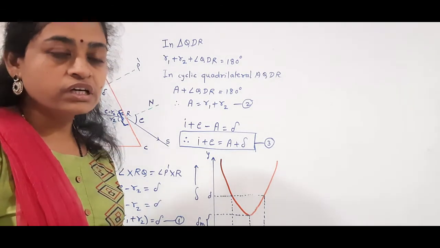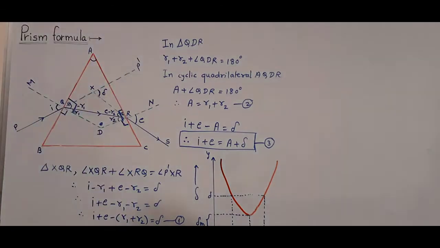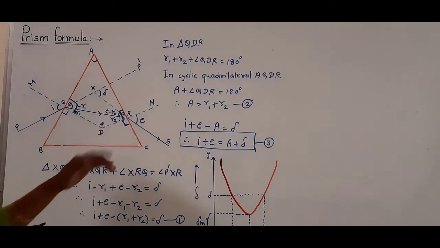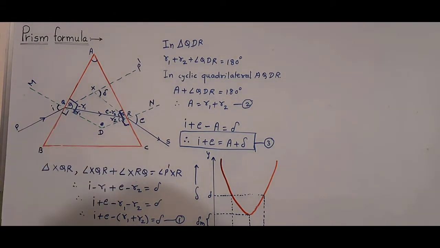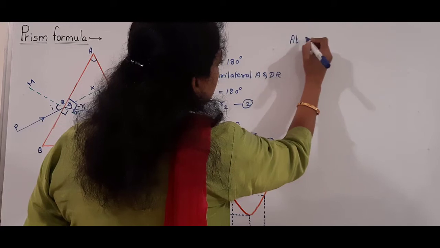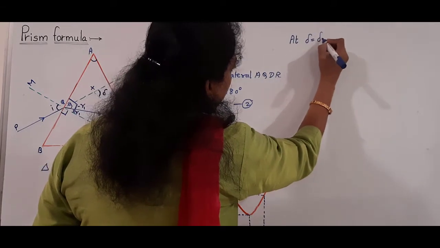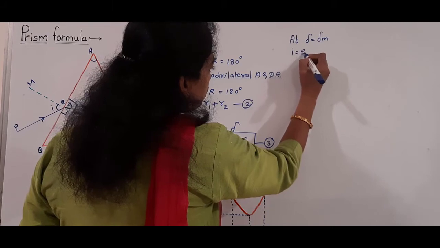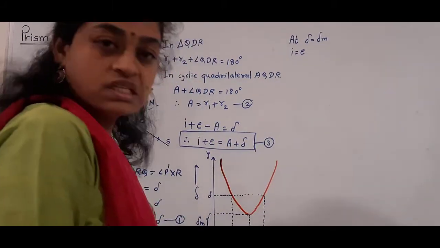The minimum deviation condition is obtained when this refracted ray, that is QR, is parallel to BC. Now we can write here, at delta equal to delta m, I is equal to E.